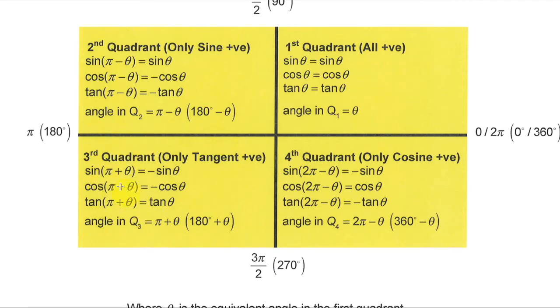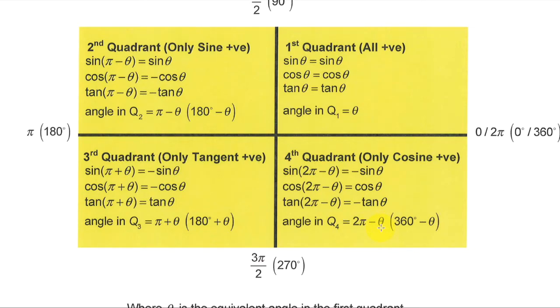Any angle that's given in the third quadrant can be related back to an equivalent angle in the first quadrant of theta by going pi plus theta. And in the fourth quadrant, we have 2 pi minus theta. And that's given there.